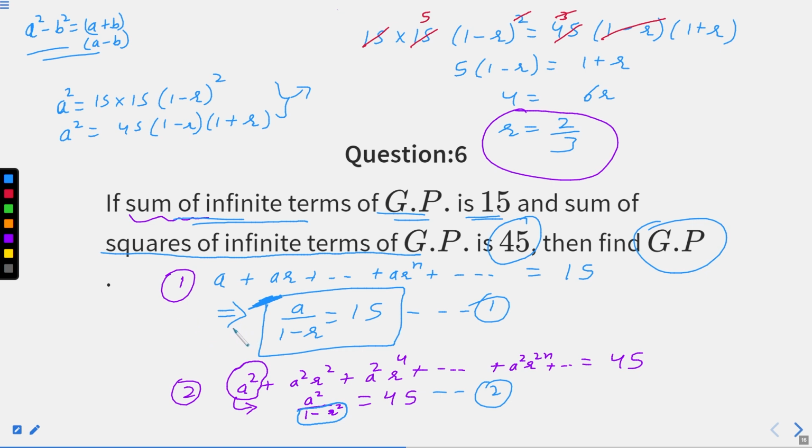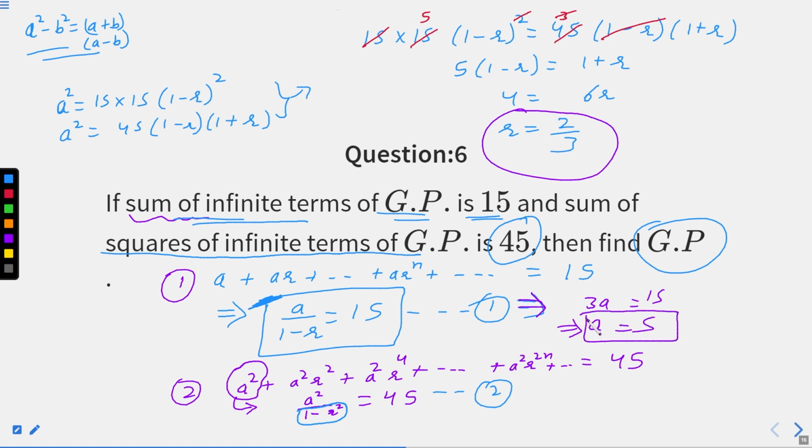Now put the R value in the first equation to get the value of A. Applying the value of R here, A upon 1 minus 2 by 3 is equal to 15. Further evaluating we get 1 by 3, and further we get 3A, and after solving, A is 5.